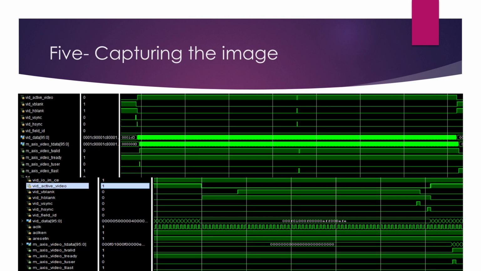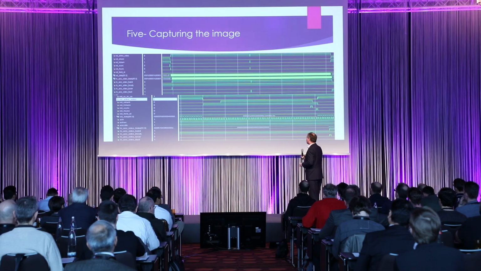So what you can see here is simple pulses on the V-syncs and H-syncs, and then pixel data coming through, and the corresponding AXI data being generated on the bottom. So you can see the T-valid, the T-ready, and the T-user and the T-last signals, which indicate where they are in the frame sync, whether it's the start of a frame or the end of a line.